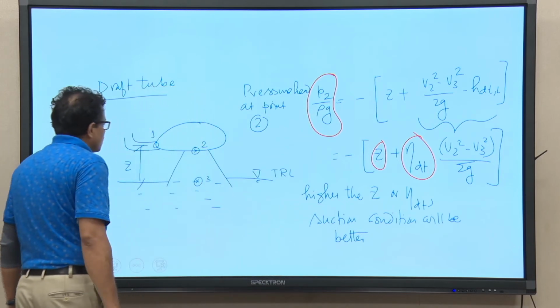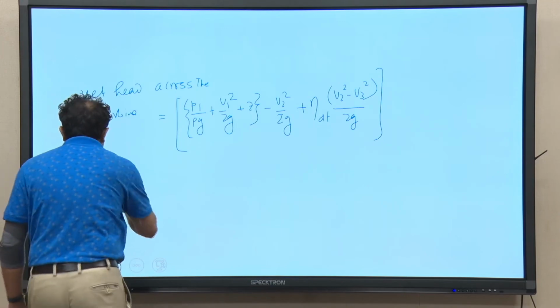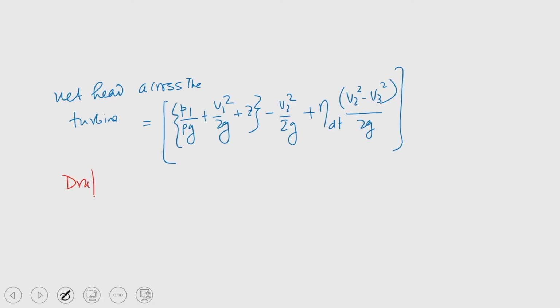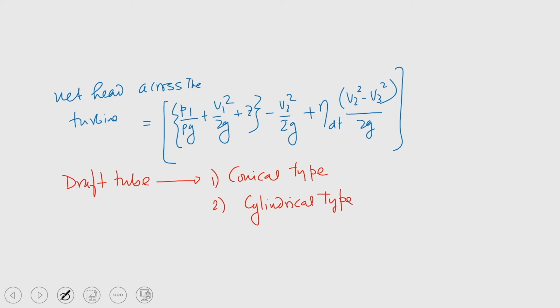So, keeping that in mind, now the draft tube design. Draft tubes are mostly of conical type, or they may be of cylindrical type.